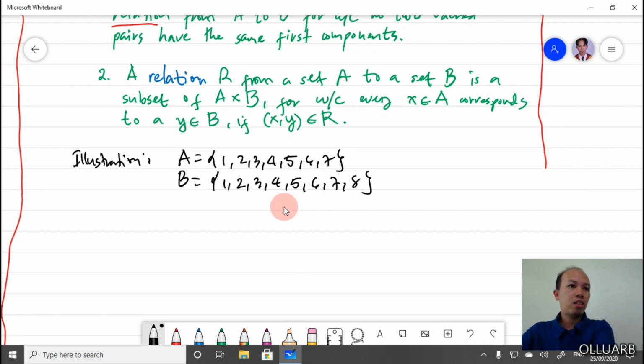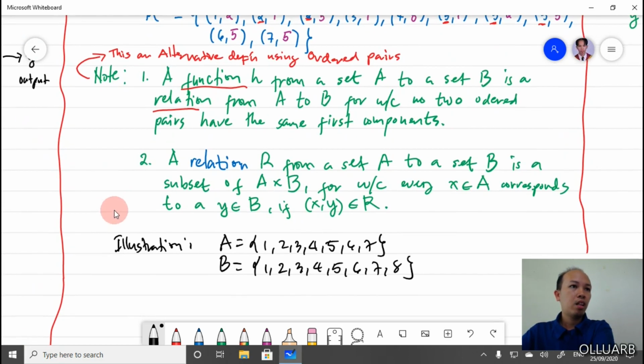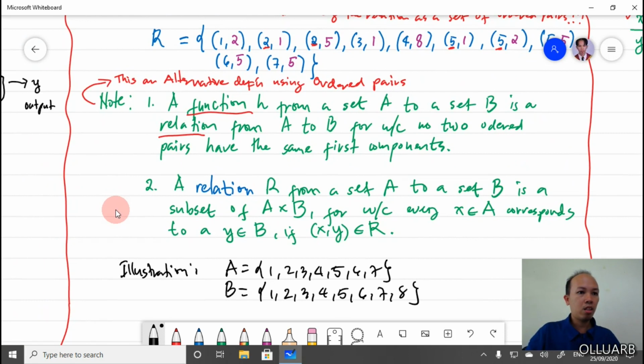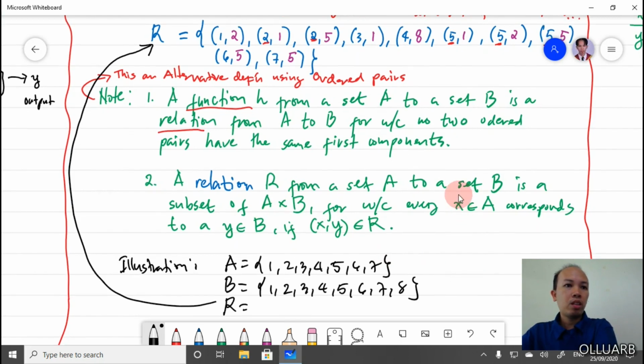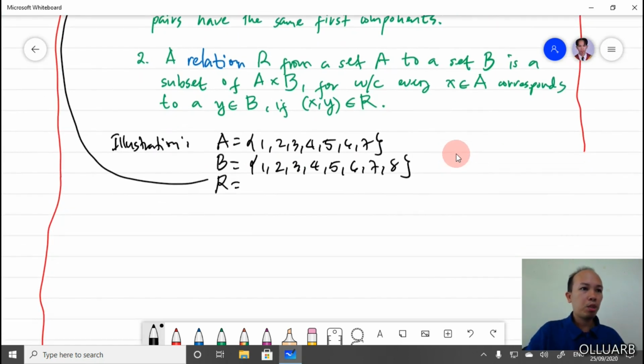It says here in the definition, our R is above. Okay, that's our R, don't forget about that. So it says here that we have to form the Cartesian product of the sets. So what is A times B?